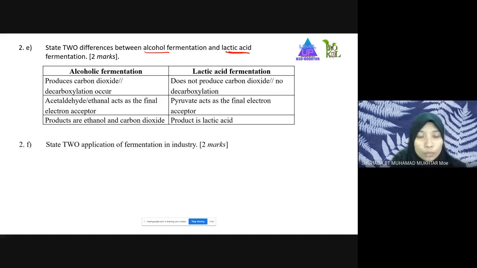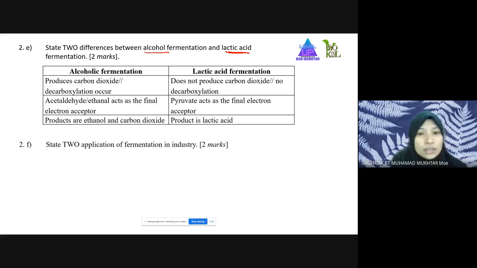Ataupun jawapan yang sama, kalau tak mention carbon dioxide terhasil boleh mention decarboxylation occur or not. So in alcohol fermentation decarboxylation occur, while in lactic acid fermentation no decarboxylation occur.